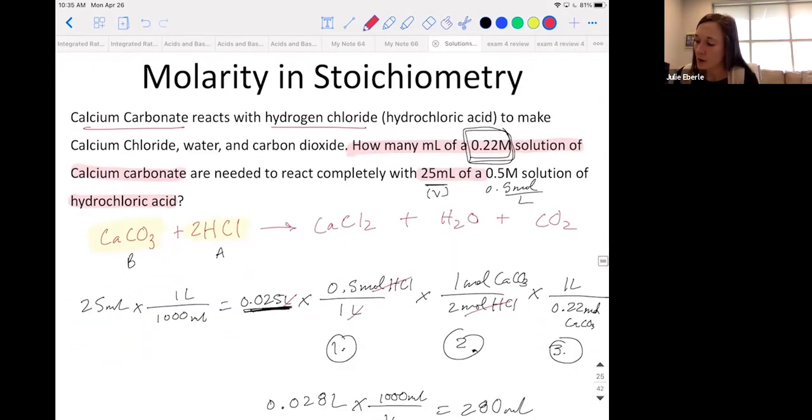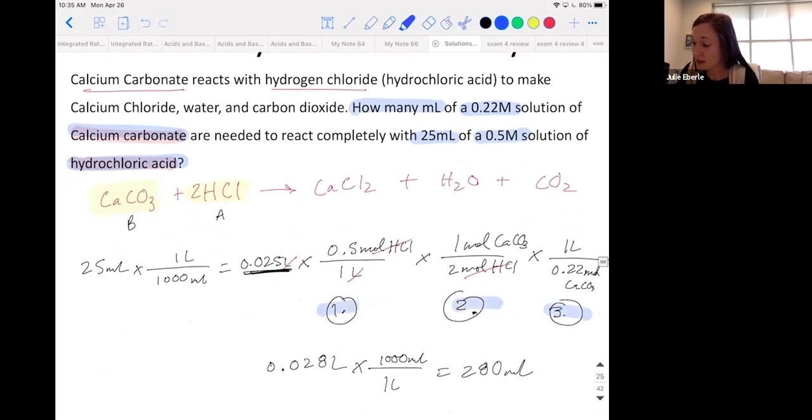Where I gave you a volume and a concentration for HCl, and then I gave you a concentration for calcium carbonate. And my question was how many milliliters? So there, 3-part problem. See my 1, 2, 3.